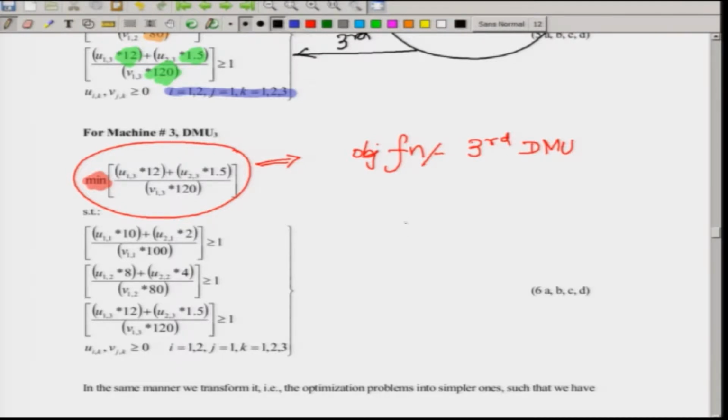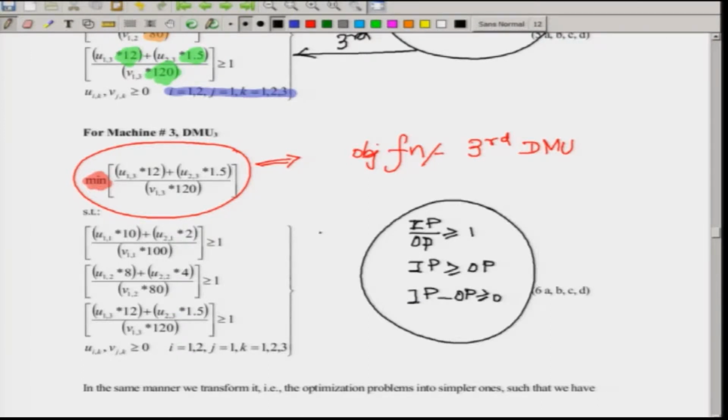Now, the actual formulation is input by output being greater than 1, input greater than output, input minus output is greater than 0.